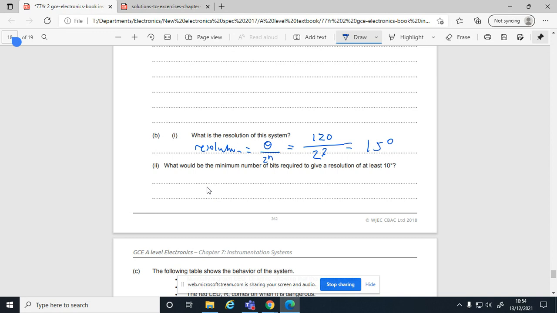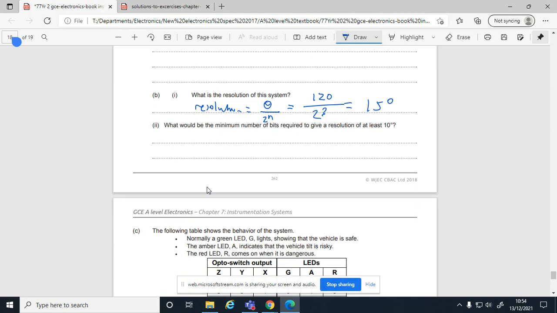So what would I need to do that now? So now you're kind of working the equation backwards. So I need 10 degrees as the resolution, and I need to find the number of bits. So how would I actually work that one out? Theta divided by 2 to the n is going to give me 10 for resolution.